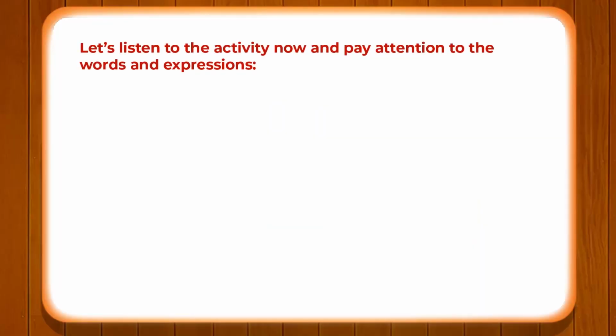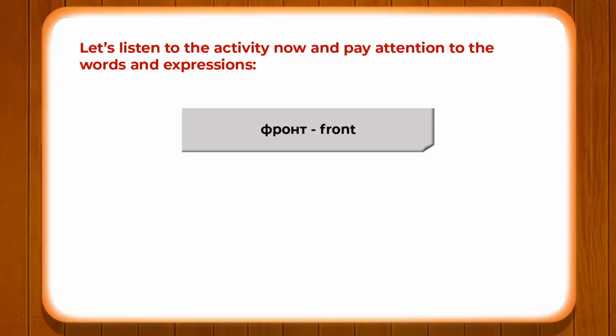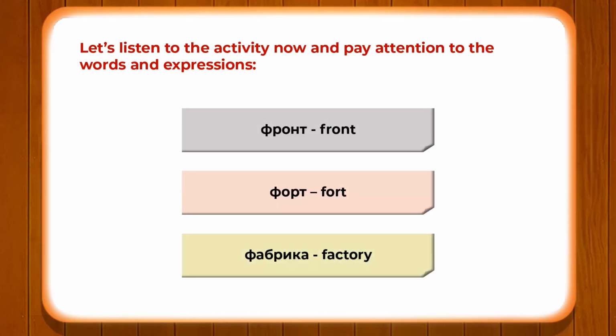Here you can see certain words like front, fourth, fabrica. These are words of the Russian language, and now we are pronouncing them, and as you already know, the udarenie or the stress would always be on the vowel.